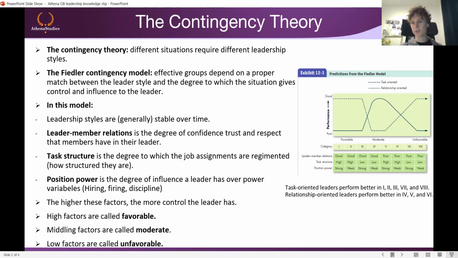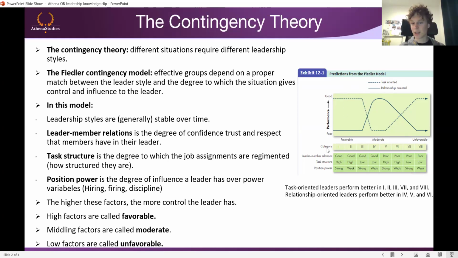Here we have two leadership styles that we will be looking at: the task-oriented leadership style and the relationship-oriented leadership style. Starting in our very favorable situations, where we have good leader-member relationships, high task structure, and high position power, sometimes two of them, sometimes all three of them, we can see that task-oriented leadership gets a way higher performance than our relationship-oriented leadership style.